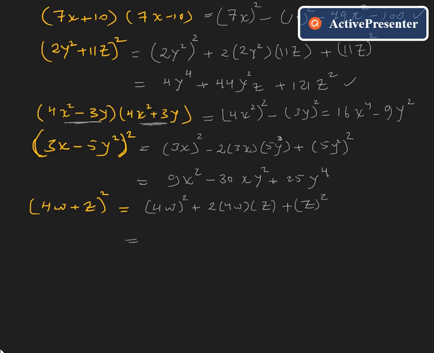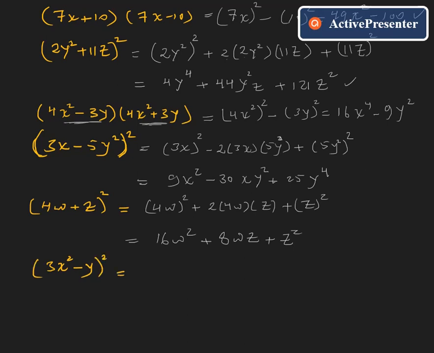So this is equal to 16w squared plus 2 multiplied in 4 is 8wz plus z squared.